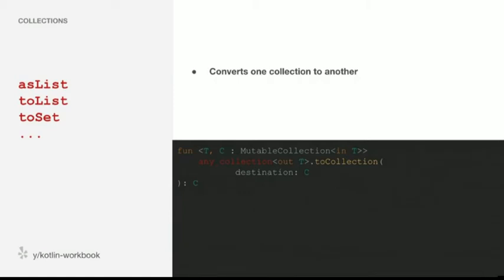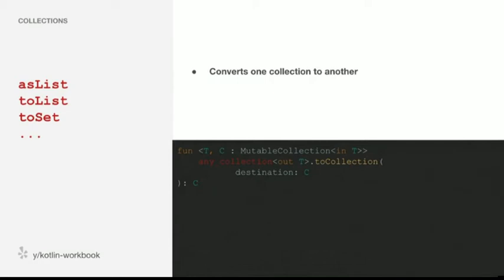The only difference is the as keyword. In case of the to functions, it will actually create a new instance that has the items that the previous one also had, with just a different type. In case of the as functions, there's basically just asList and asSet, and asSequence, but I'll talk about that a bit later.